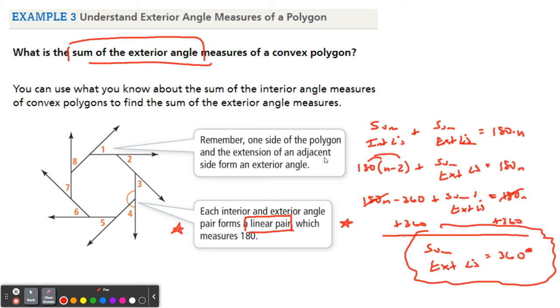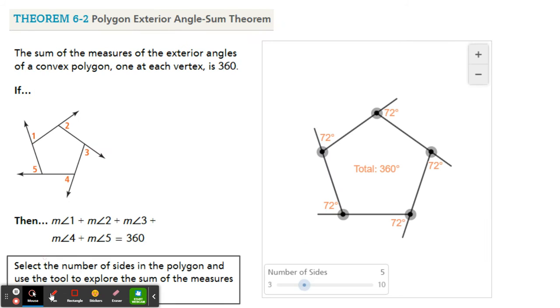Okay, so again, keep this in mind as we go through and do some problems involving interior and exterior angles. So here is your formal theorem recap. The sum of the measures of the exterior angles of any convex polygon is 360.